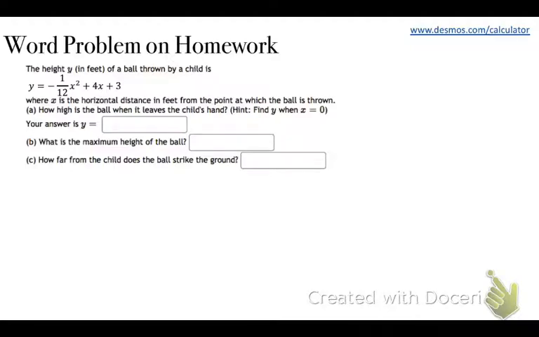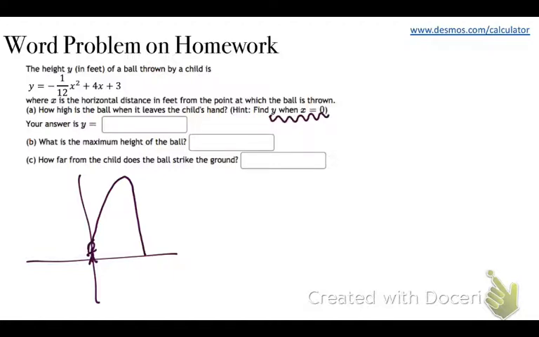Basically, this graph is on your homework. This graph looks something like this. This kid is standing here and he throws a ball up and it comes back down. The first thing we want to know is how high the ball is when it leaves his hand. X is the horizontal distance, and this gives you a hint: it's just when x equals 0.